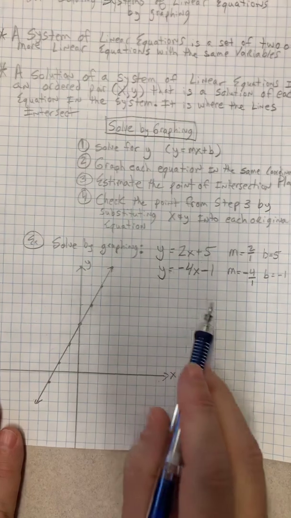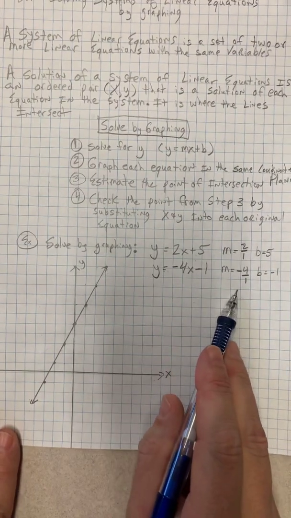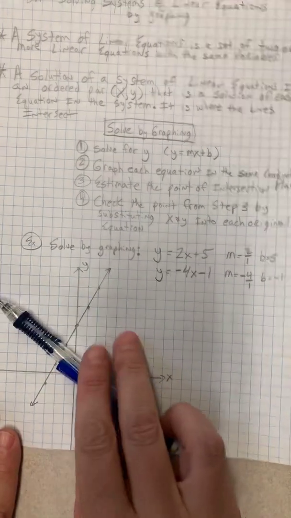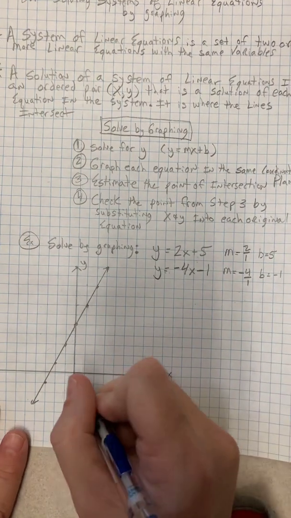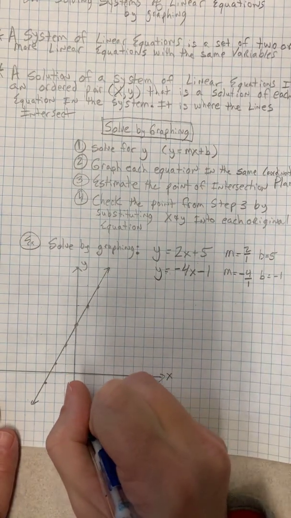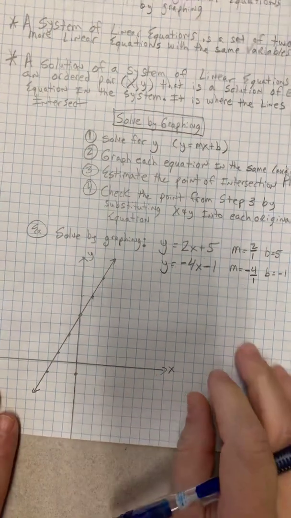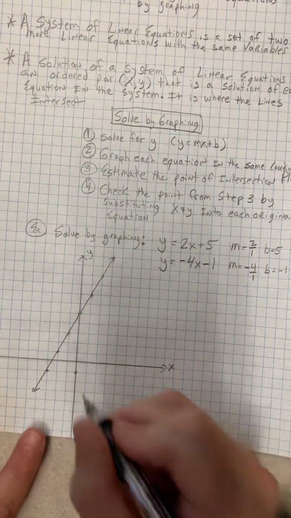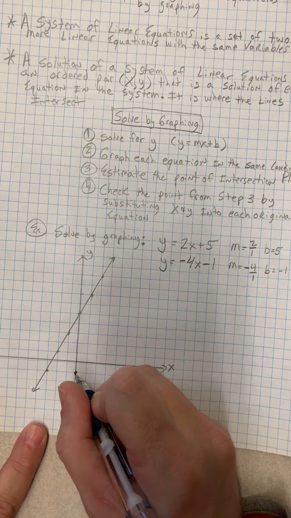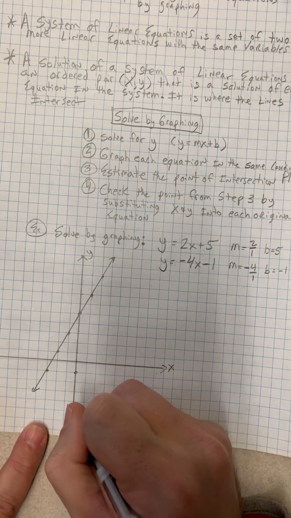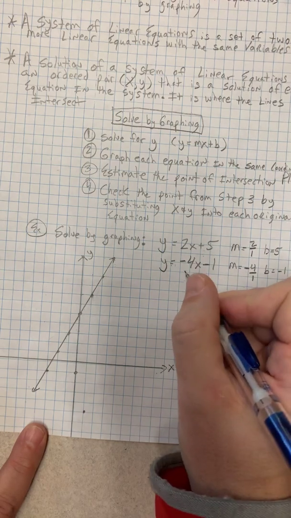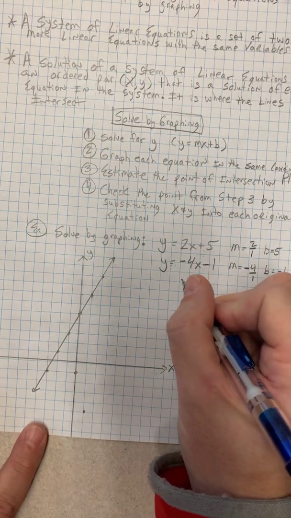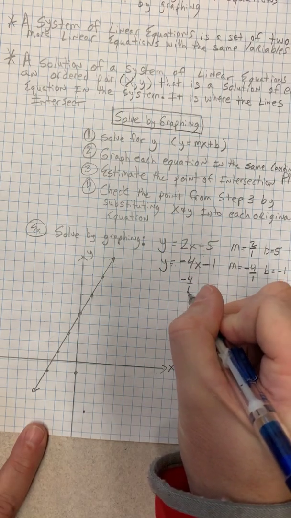My second line has a slope of negative 4. It's going to fall, and it has a y-intercept of negative 1. I go to the origin. Negative 1 on the y-axis is right there. And now you are going down 4, 1, 2, 3, 4, to the right 1. Because remember, this is negative 4 over 1.